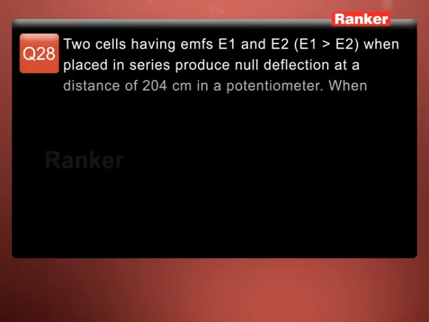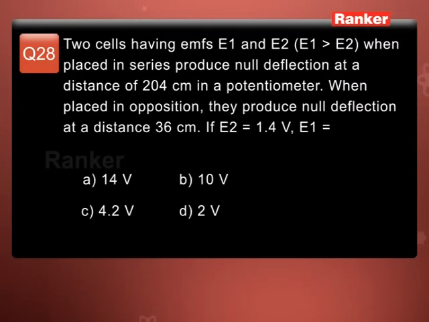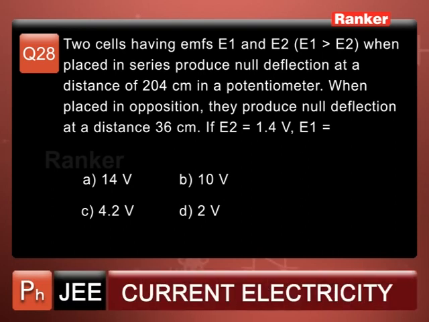Now the next number, 28th problem. Two cells having EMFs E1 and E2, he gave which is more also, E1 greater than E2, when placed in series, produce null deflection at a distance of 204 centimeter in a potentiometer.